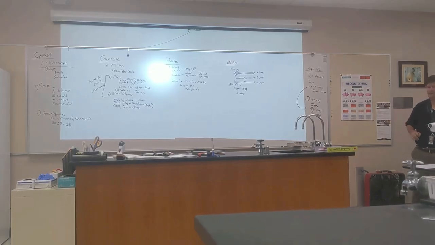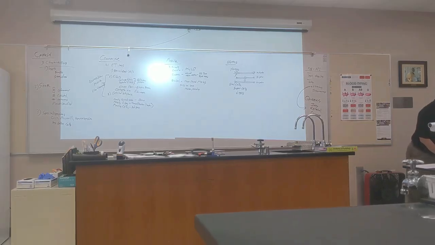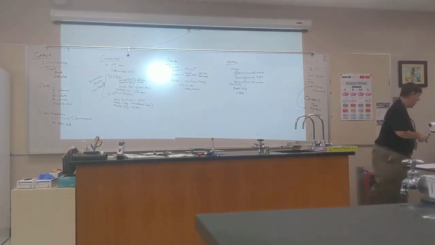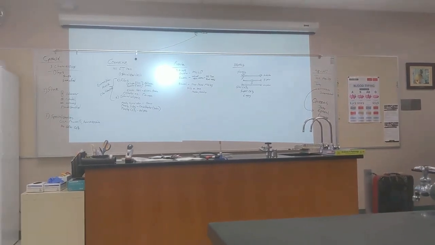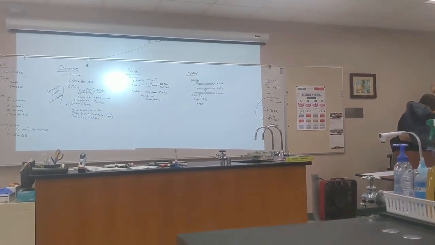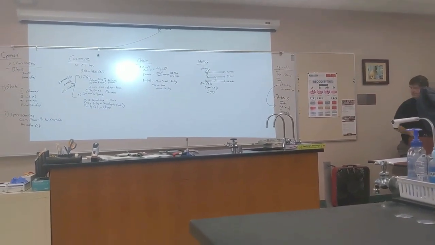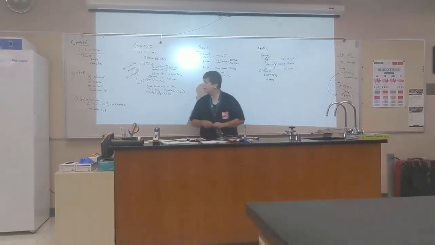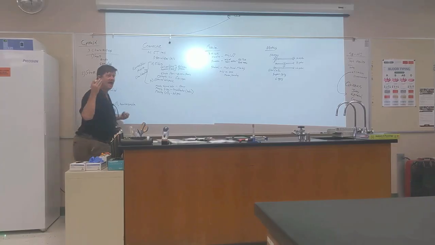All right, so we got that. Now let's talk a little bit about epithelial tissue. There are some things I want you to know about epithelial tissue. And I'm going to write something down that I'm sure I don't have on the board yet. Looking for a red marker. Here we go. I want red because we want to talk about blood. The short version is it doesn't have any.